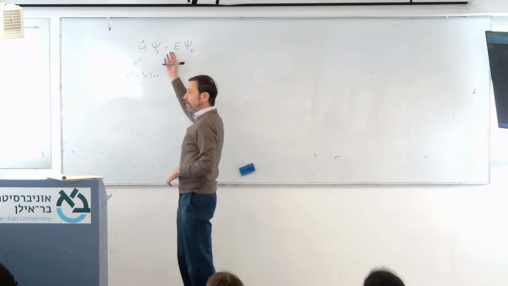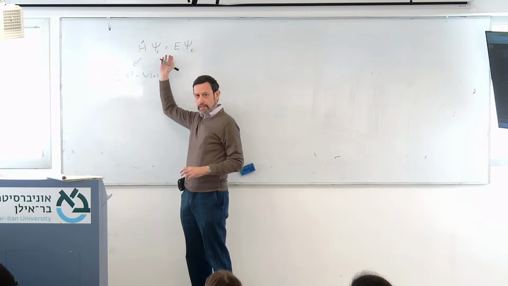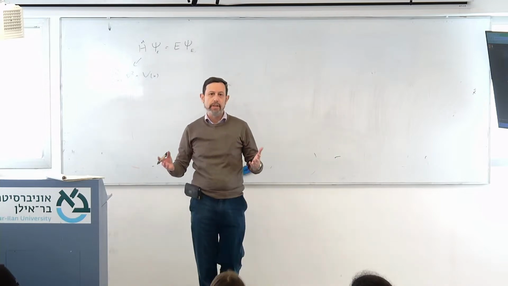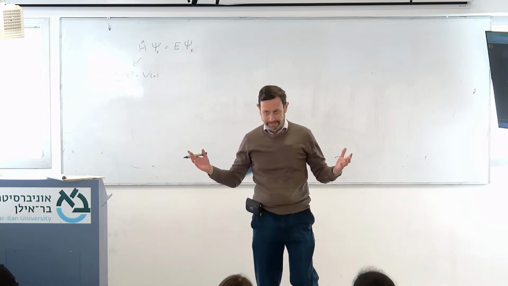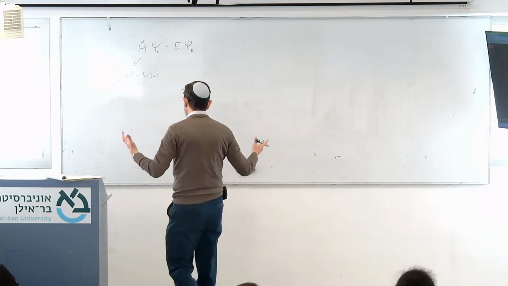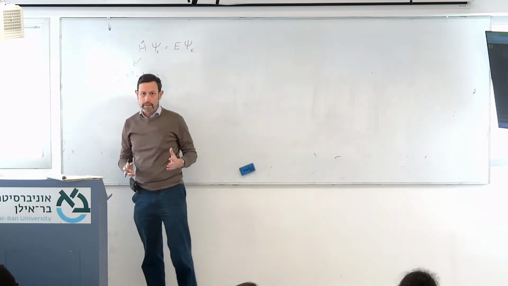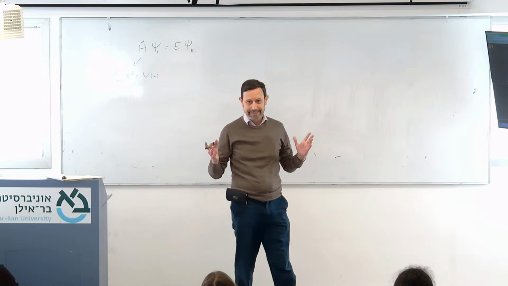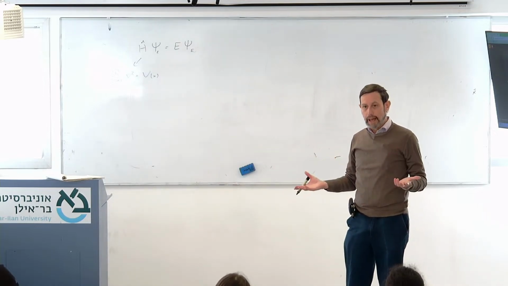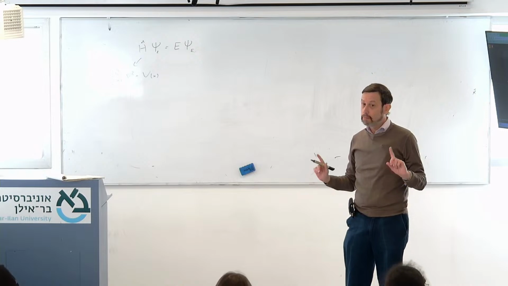For a free particle, it has a continuum of solutions above E equals 0. For, let's say, a particle in a box, no. It has a discrete set of solutions. For the hydrogen atom, depends.